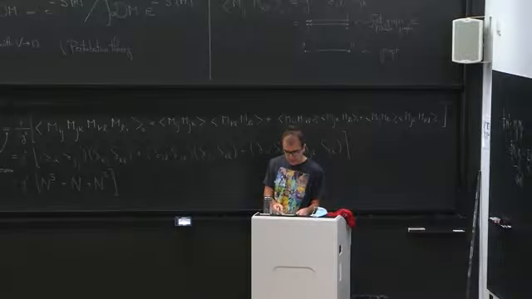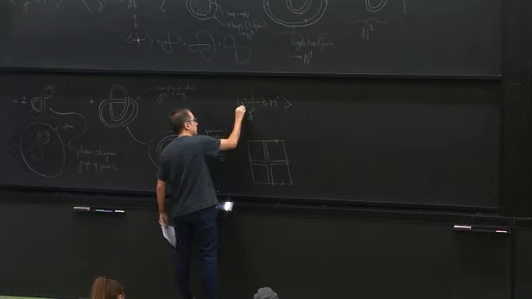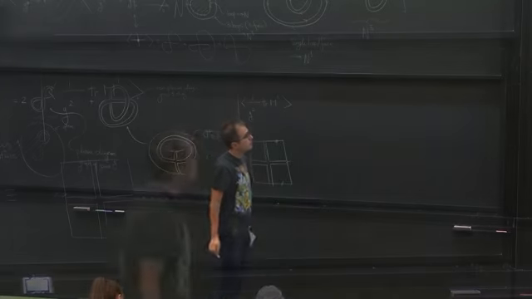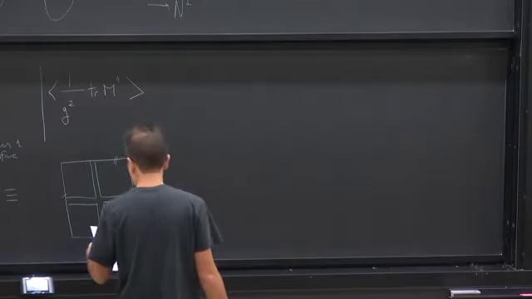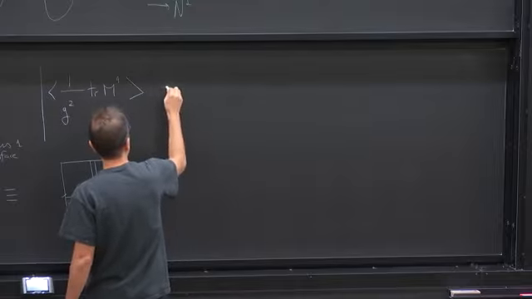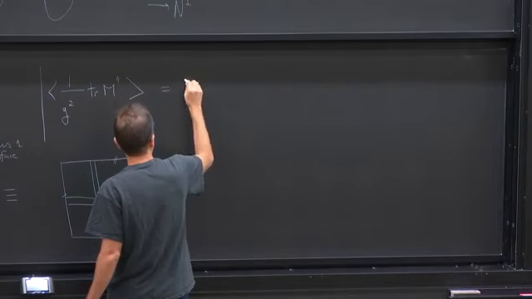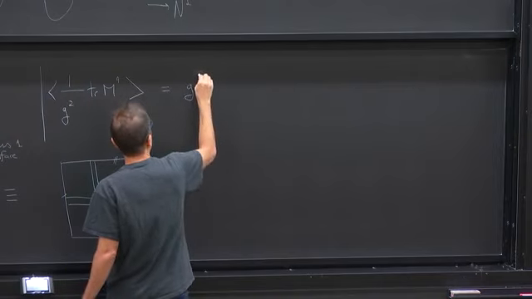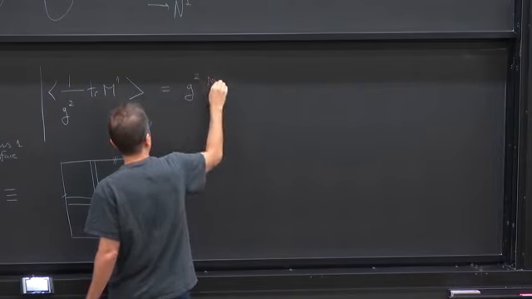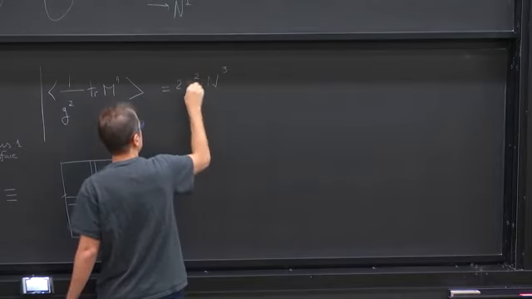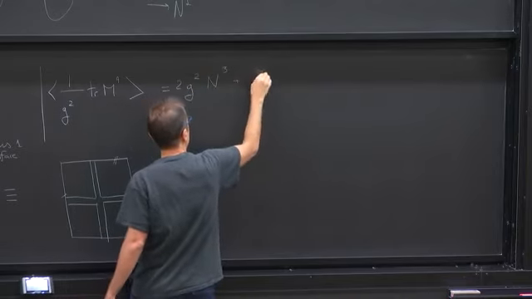More precisely, let's summarize here what we found. Now with all factors of g squared, 1 over g squared trace of m to the 4 expectation value was equal, let me write first, to g squared n cubed times 2 plus g squared n.